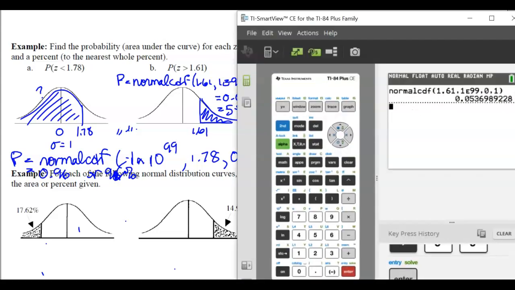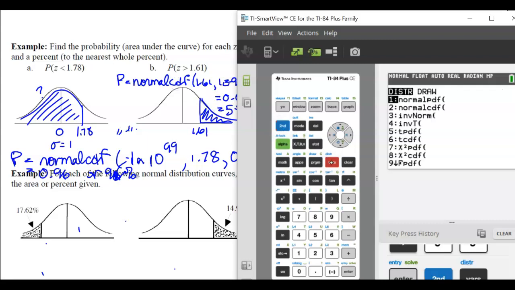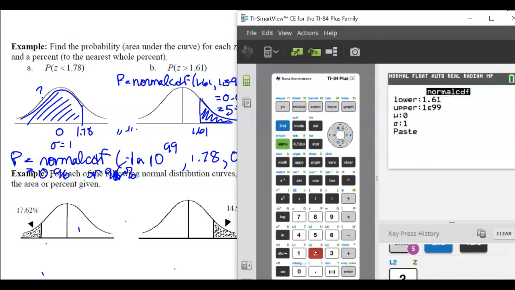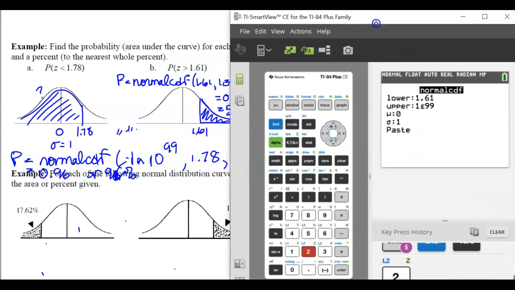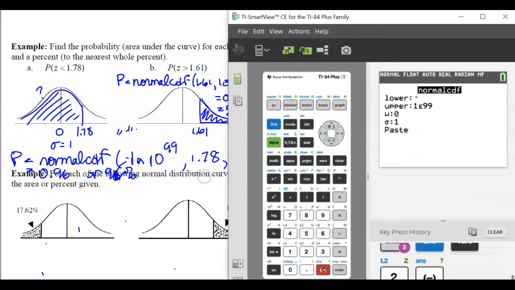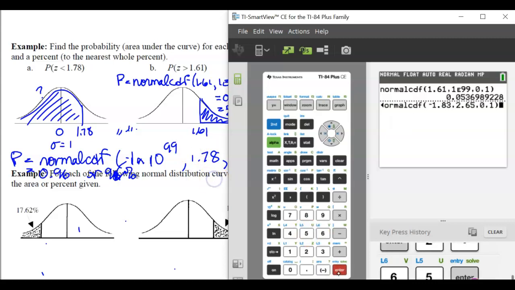So, second, distribution, normal CDF, and then, what was that again? Negative 1.83 to 2.65. So, negative 1.83 to 2.65. 0.96.